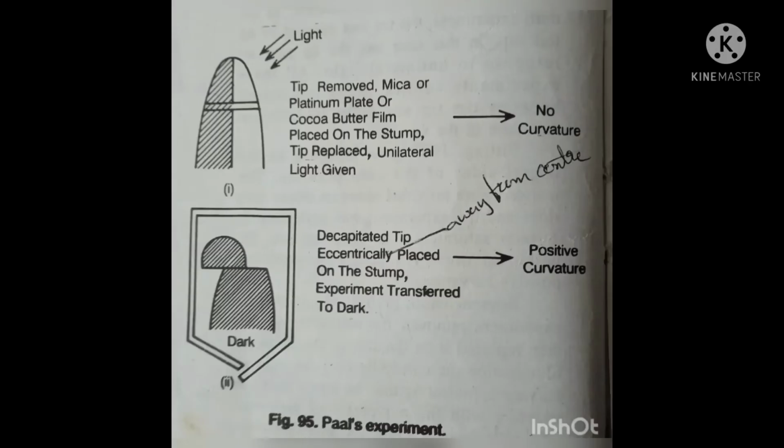In 1914 and 1919, Paal did the experiment with the coleoptile and cut the tip. Again he replaced it on the stump asymmetrically. Positive curvature was observed even when transferred to the dark.